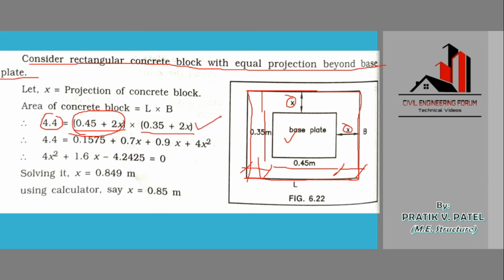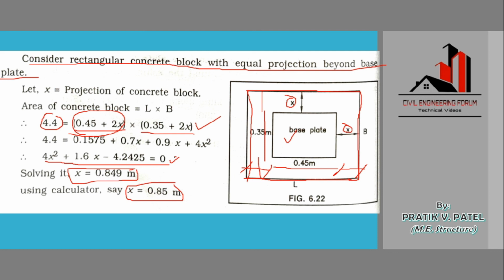Solving this, we have the equation 4x square plus 1.6x minus 4.2425 is equal to 0. Solving that, we get the value of x as 0.849 meter, and we'll take x as 0.85 meter, one and the same.